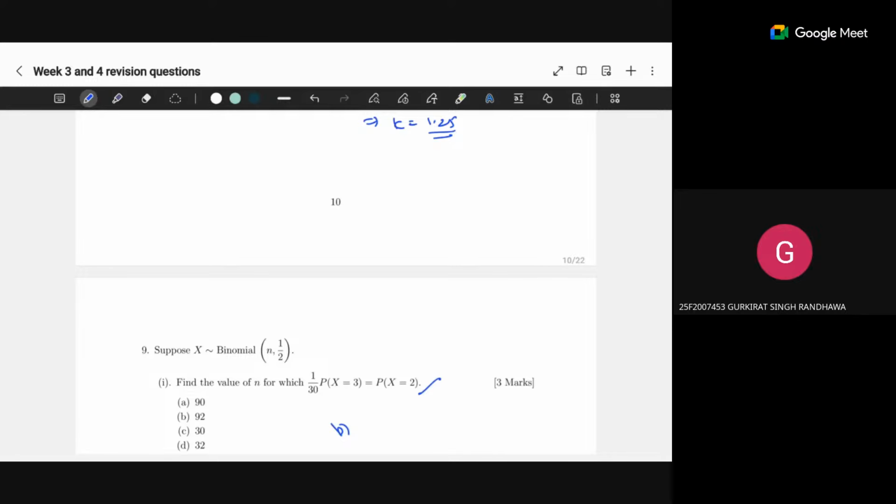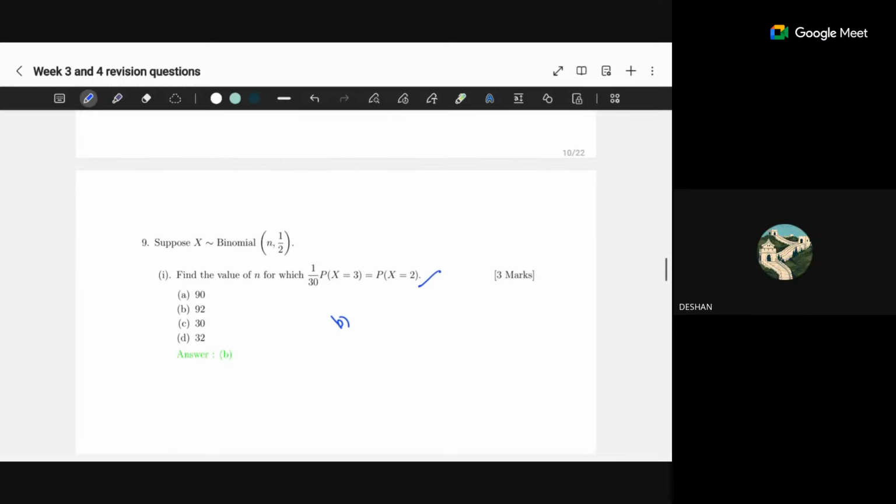Is it done for everyone? Done, ma'am. Okay. So let's discuss it. This is given: 1 by 30 into probability of x equals 3. What is probability of x equal to 3?